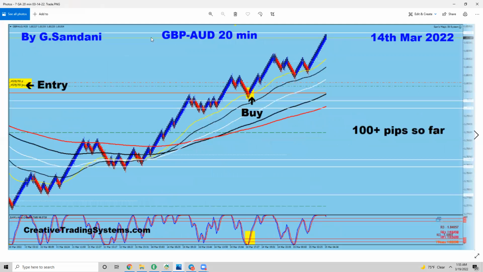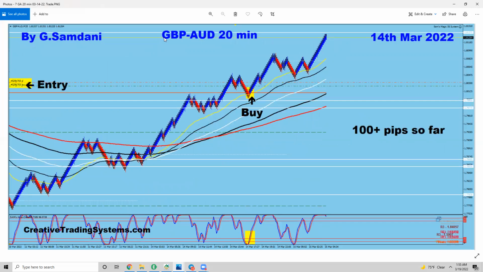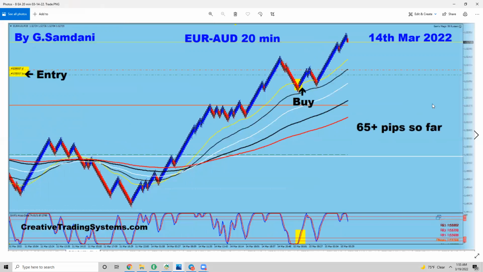And then on the 14th, I guess this is the last one, it's Pound Aussie again, another one for 100 pip to the upside. And then there's more. I just showed you from here to here.